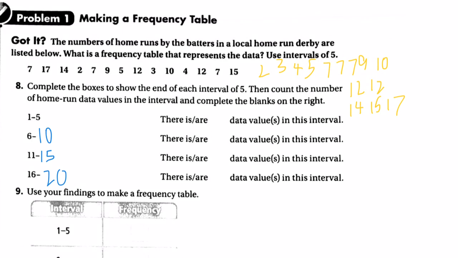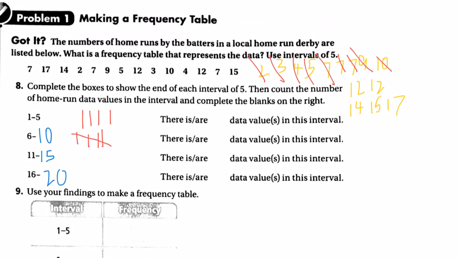Now I need to make tally marks. Between 1 and 5, I have the 2, the 3, the 4, and the 5. For 6 to 10, I have 7, 7, 7, 9, 10.